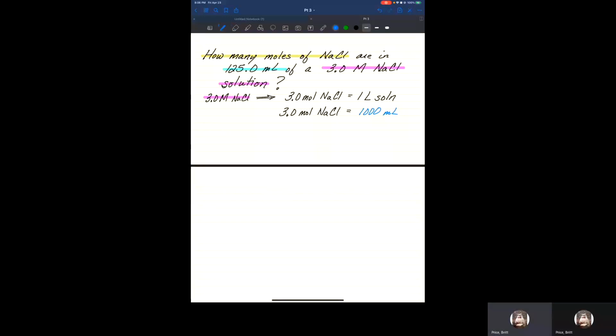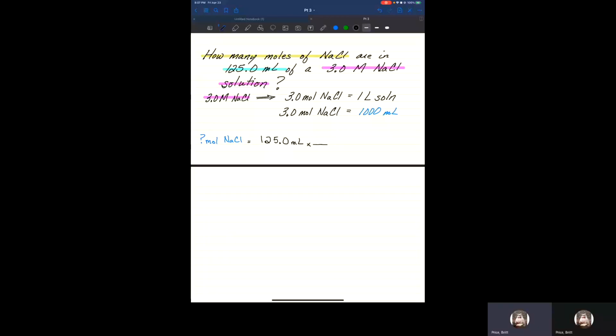All right, so let's see here. How many moles? Question mark moles NaCl. Never start your calculation with a conversion factor. That means that I have to start my calculation with 125.0 milliliters. I know molarity is in terms of liters.